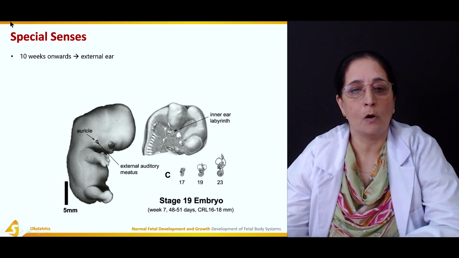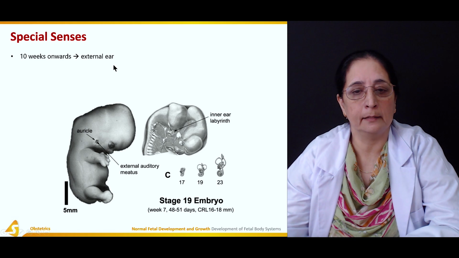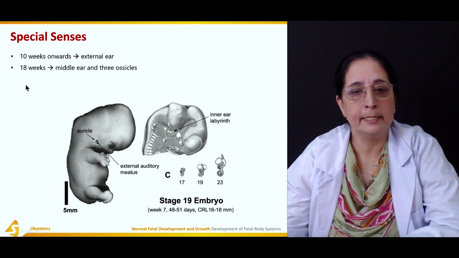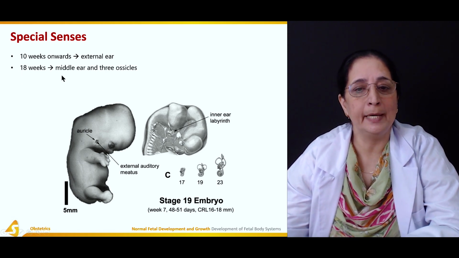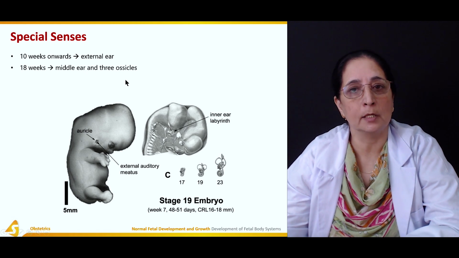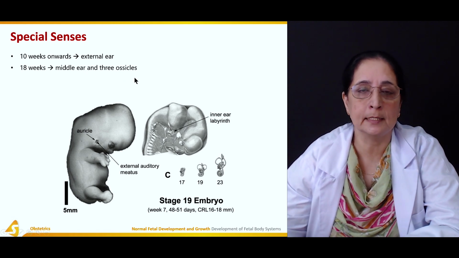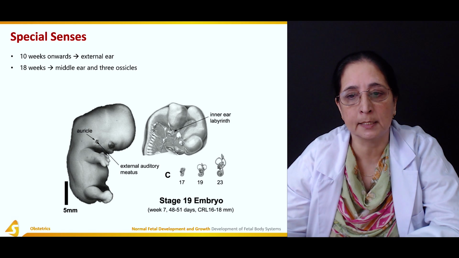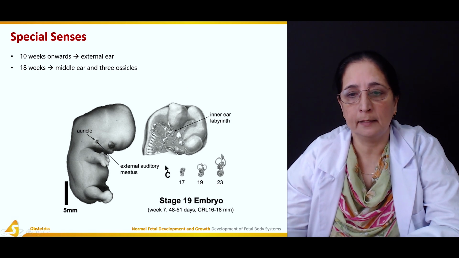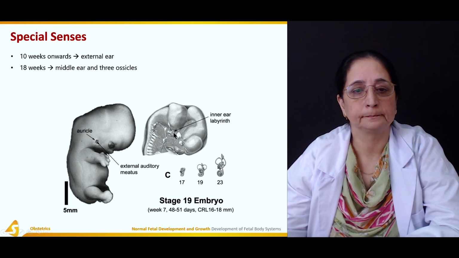From the 10th week onward, the external ear is formed. At the 18th week, there is the middle ear and 3 ossicles, which are incus, malleus, and stapes. And this is the inner ear labyrinth.